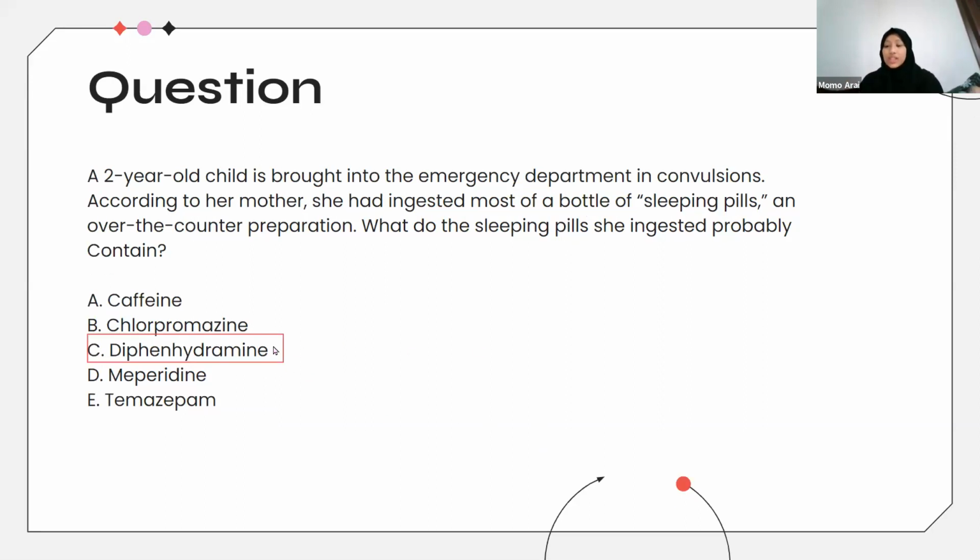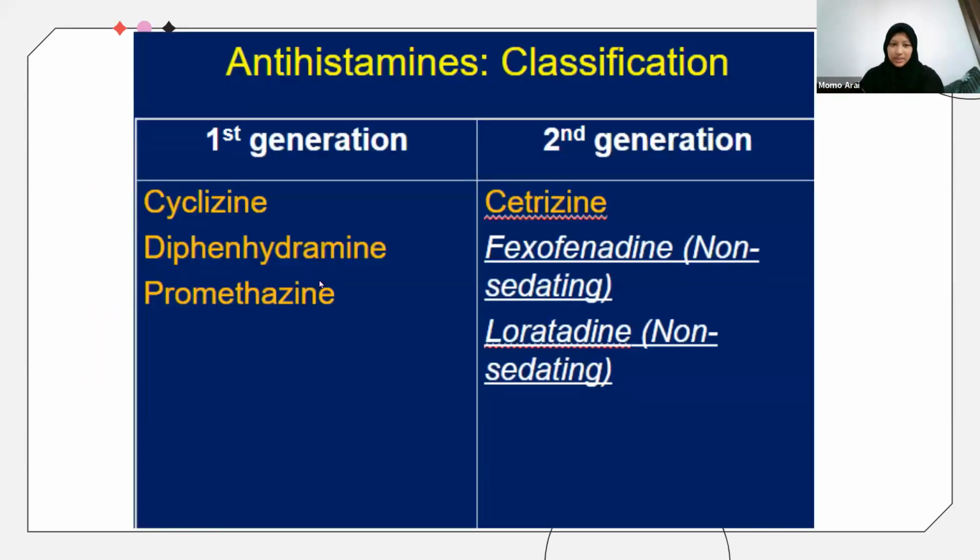So again, first generation, so antihistamines, there's first generation, second generation. This is from your lecture. Just know the ones that he colored, because I think those are the ones that are important. First generation basically has a much higher effect in your CNS.